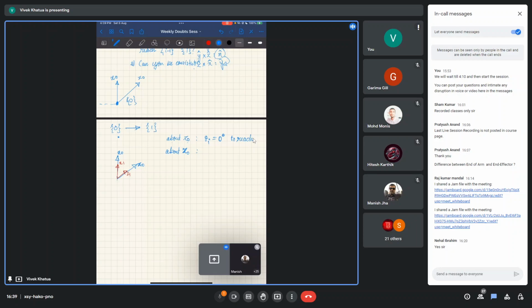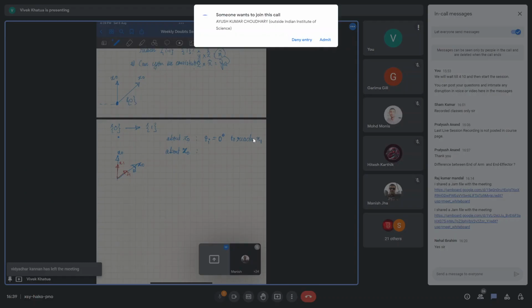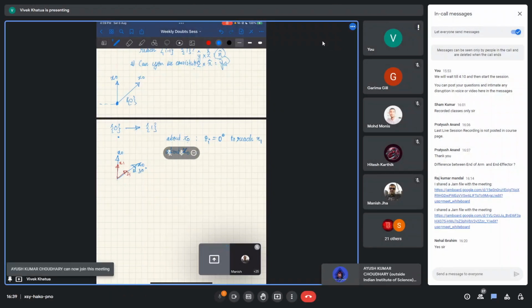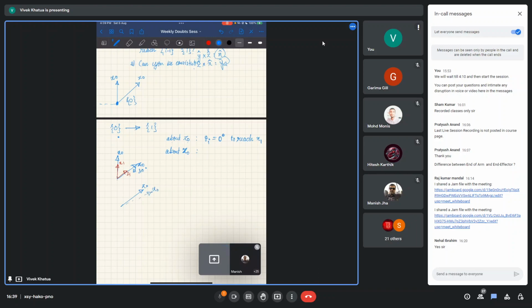So I do no rotation about z0 to reach x1, because if I had done some rotation about z0, let's take 30 degrees anti-clockwise, this is z0 and x will be something like this. If I had a z1, x1 axis like this, I would say my theta rotation about the joint axis should be 30.